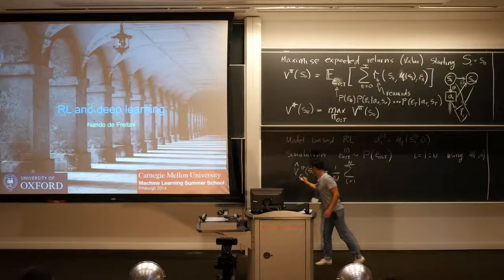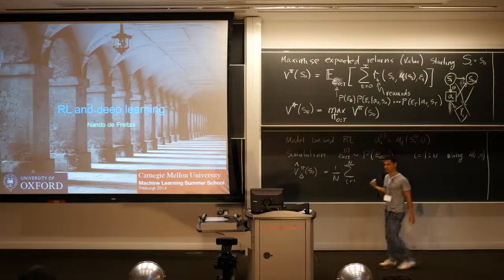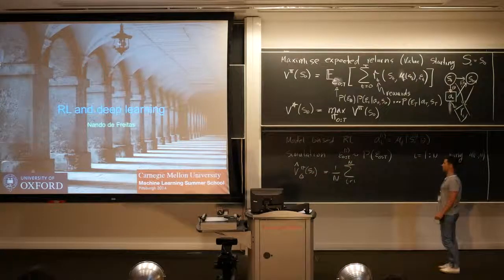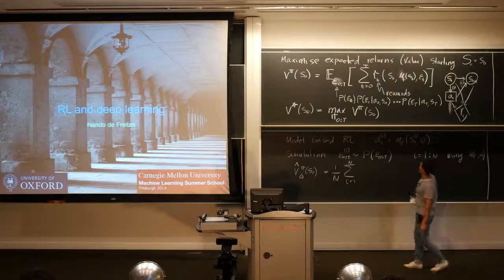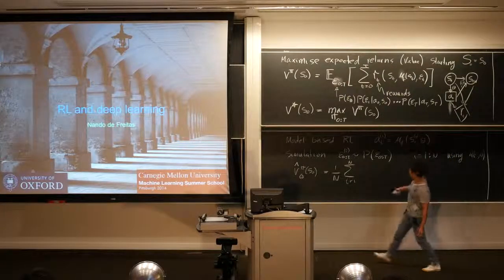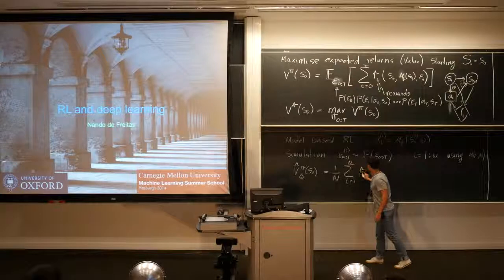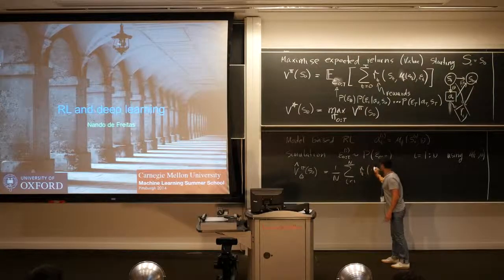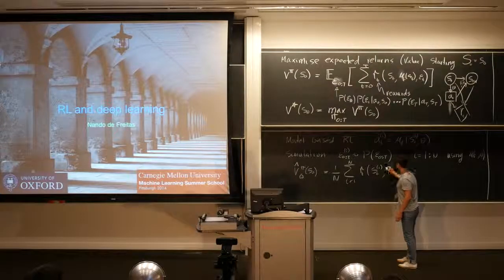I'm going to emphasize that this is a function of that parameter theta that I've chosen. And so that will involve these rewards of all my future s's using my parametrized policy.